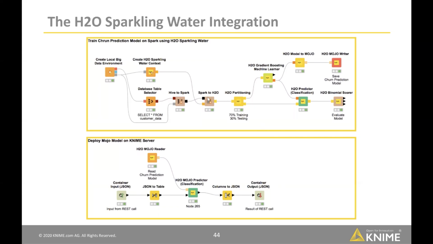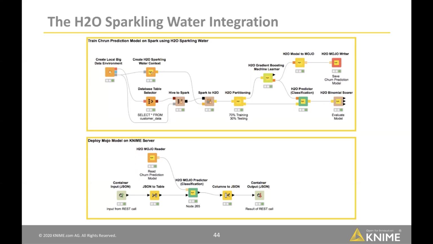Here what you can do, for example, is learn a model on large data inside a cluster. Then you write the model out using the MOJO writer. And then if you're on KNIME Server and you want to do on-demand prediction, you can deploy a little workflow that reads this MOJO, and it has these special nodes, container input, for example, which allows KNIME Server to export this workflow as a REST service.